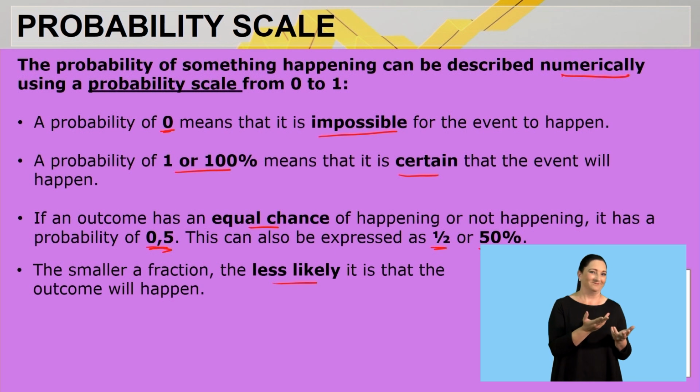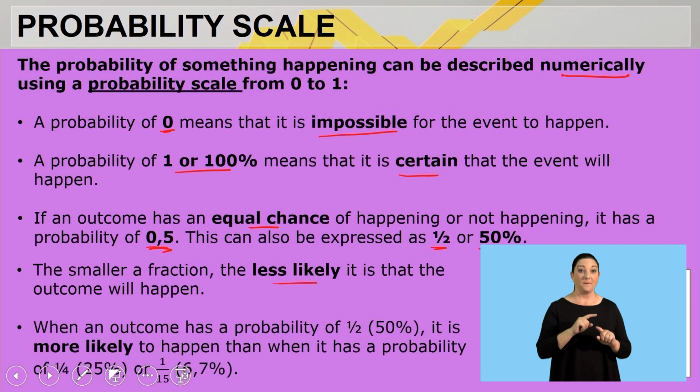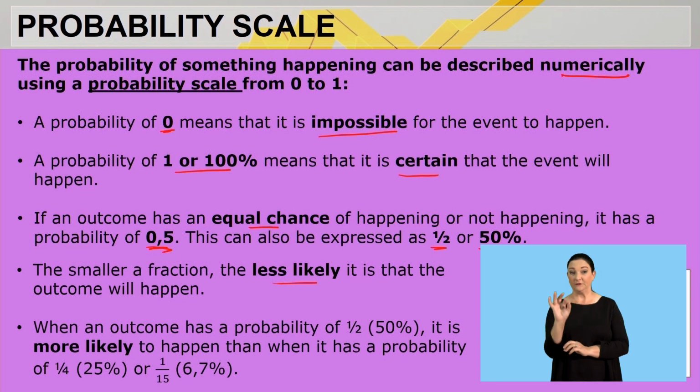Remember, looking back at the probability scale, 25%, I indicated it's less likely that the event will happen. And when an outcome has a probability of half or 50%, it is more likely to happen than when it has a probability of a quarter, 25%, or 1 over 15, which equates to 6.7%, for example.